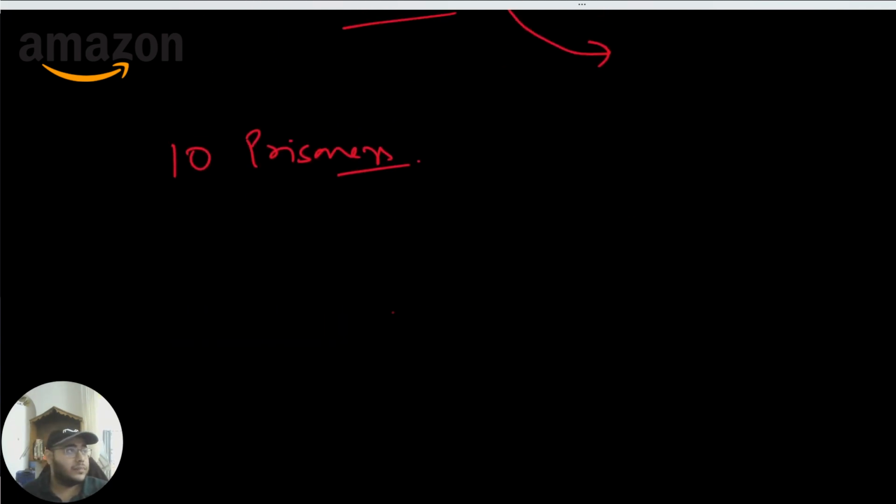Let's name them P0, P1, P2, P3, and up till P10. So we basically have 10 prisoners.